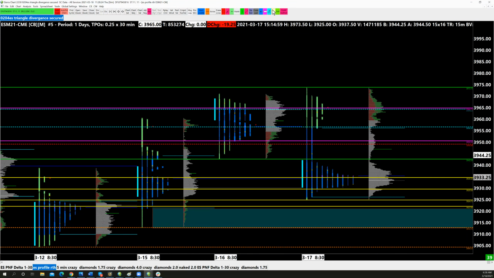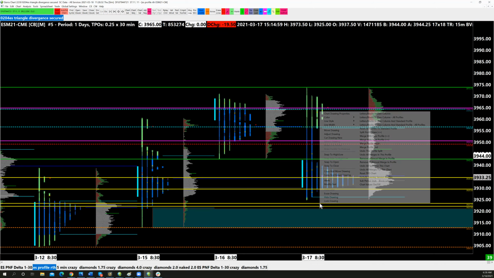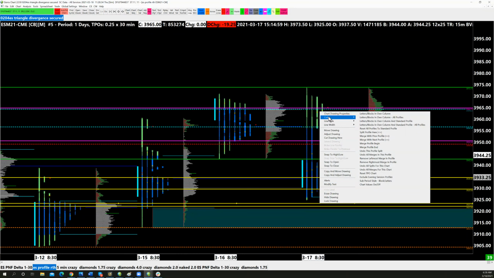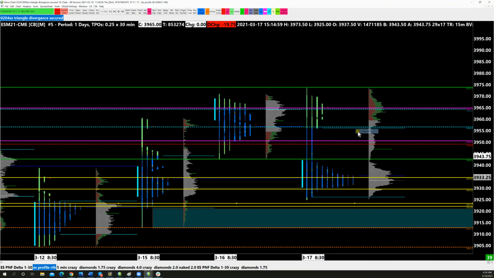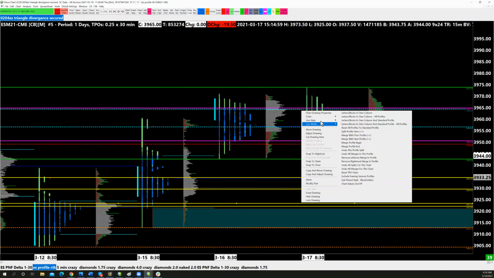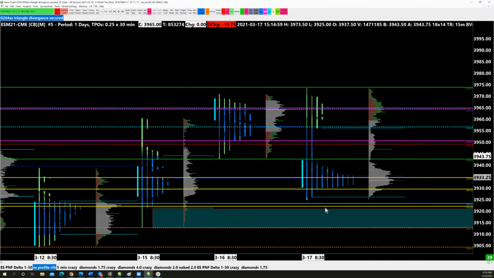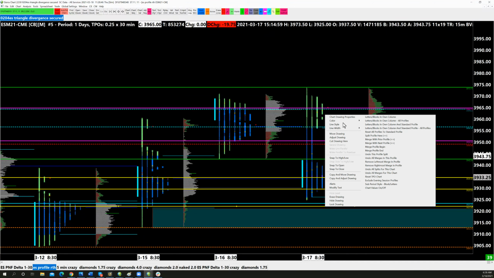So let's move the low. What I do when I have this, so this has effectively been tested, so this will go to a blue zone. Why? We already came off the top of it yesterday. So I naturally would suspect that that would be a little bit weaker.